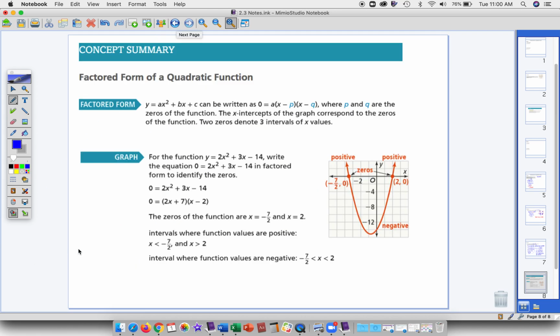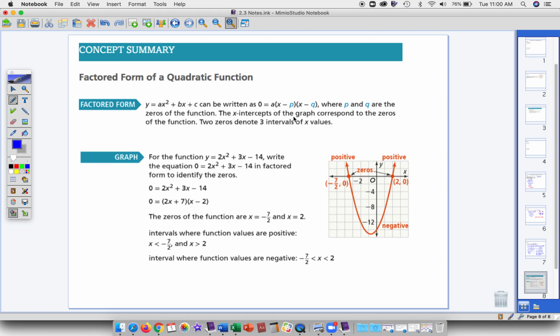Okay, so our concept summary for the factored form of a quadratic function. So this form, ax squared plus bx plus c, can be written as a times, again, the two factors, right? This is where p and q are the zeros, so x minus p, x minus q.